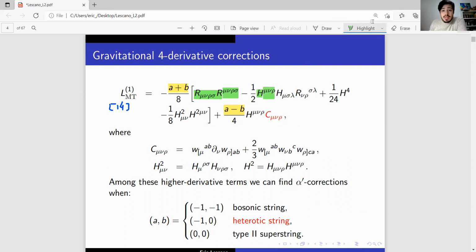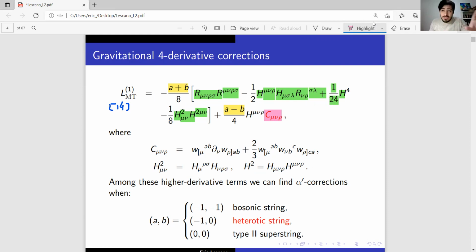And the only non-covariant term over here is this. These are covariant, all these terms are covariant, and this is the non-covariant one. This combination here is non-covariant. So for example, in the bosonic string, we don't have this term, so we don't need to deform the transformations. We don't need a Green-Schwarz mechanism in the bosonic case.